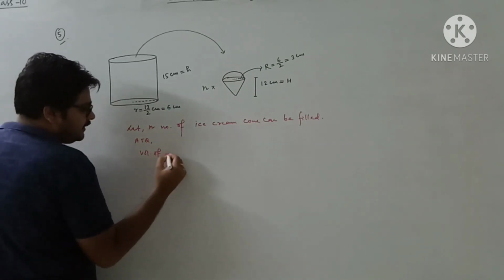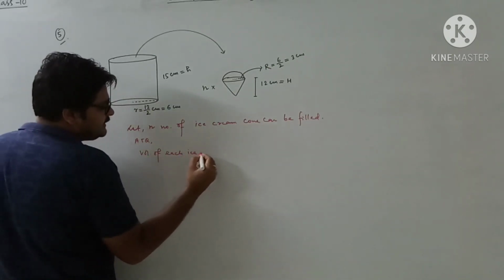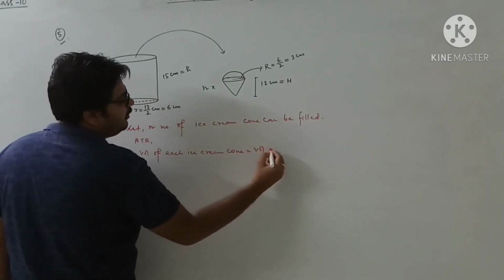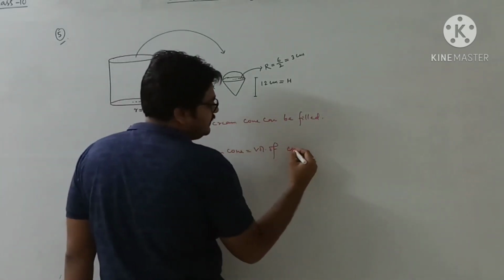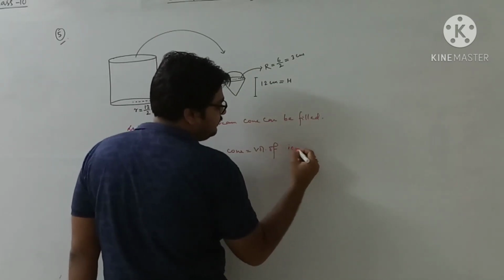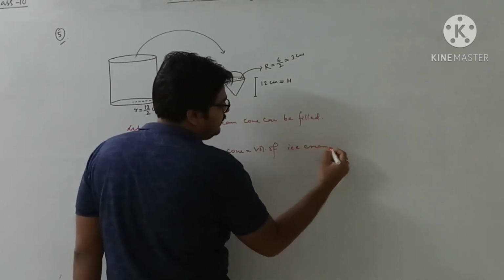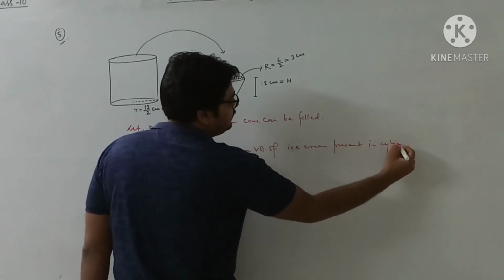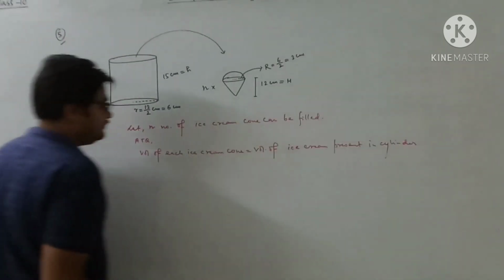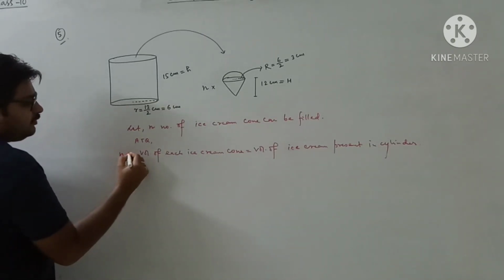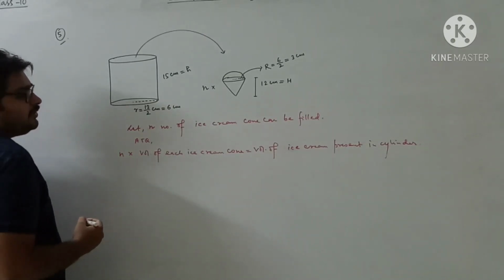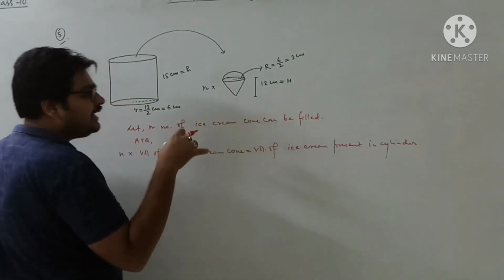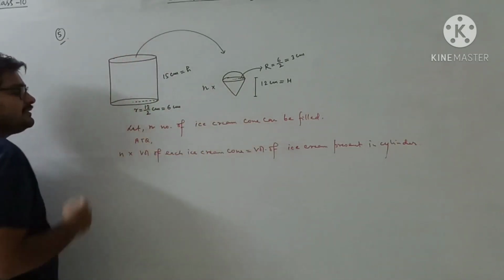Volume of each ice cream cone equal to volume of ice cream present in cylinder. Sorry, n into volume of each ice cream cone, because I have chosen that n number of ice cream cones should be filled up with the ice cream present in this.